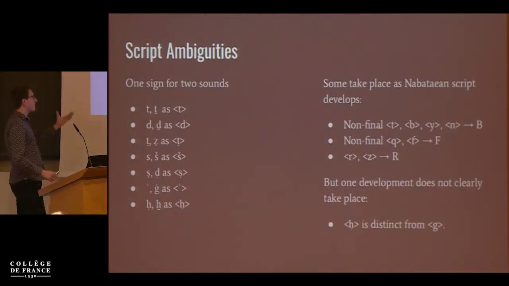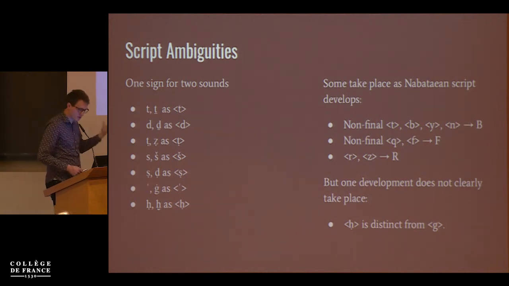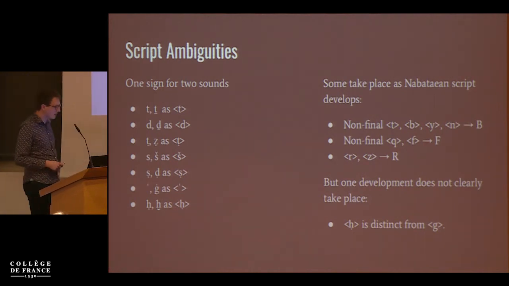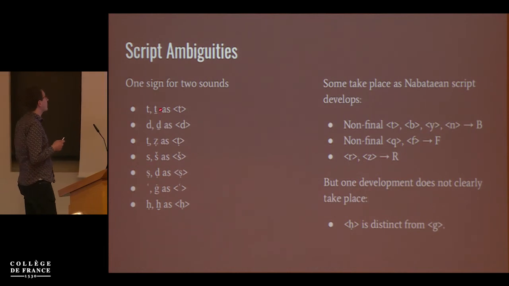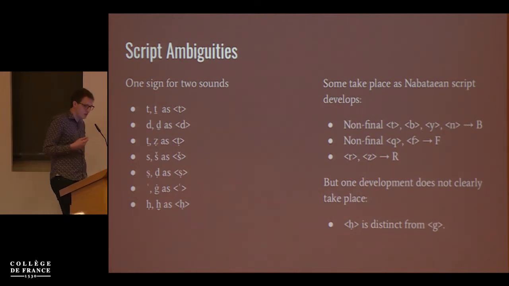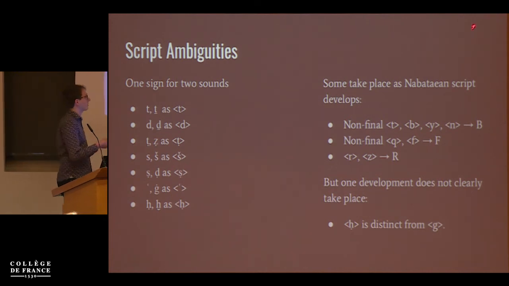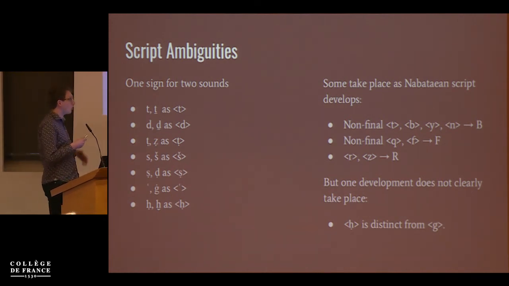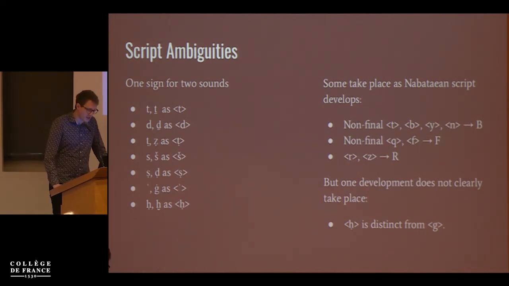So Nabataean, when writing Arabic words, we should say this in Arabic names, there are many script ambiguities, right? The ta and the tha are both written with a ta, and the ayn and the ghayn are both written with ayn. The ha and the kha are both written with ha. And some of the script ambiguities that Arabic has, like the t, the b, the ya, and the noon, all being like a single denticle, kind of take place in the development of the Nabataean scripts.